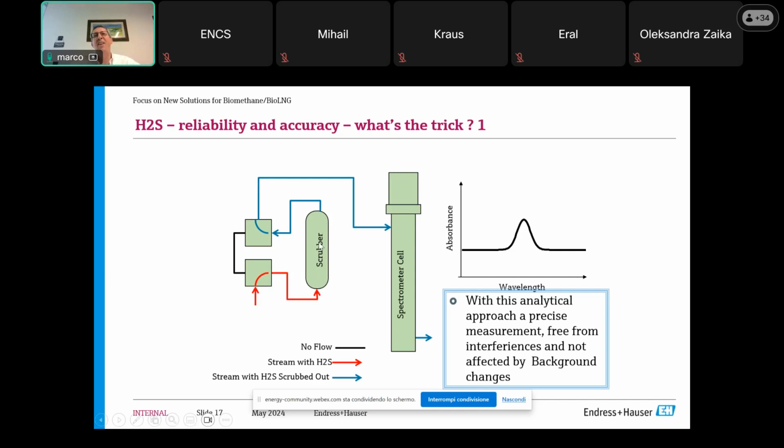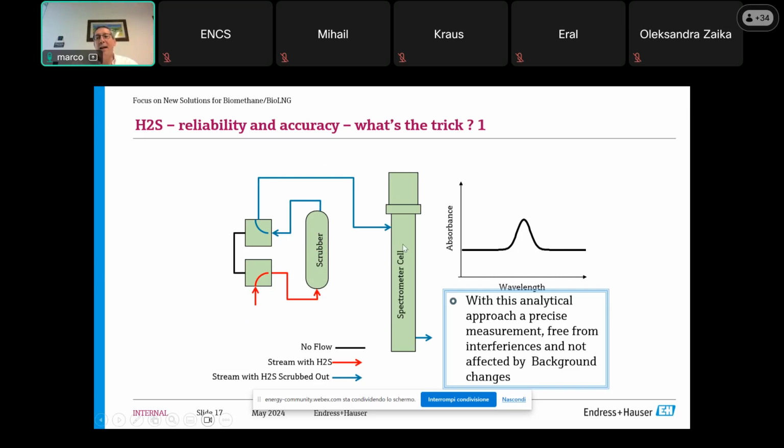The scrubber is, let's say, a filter selective on H2S or moisture, according to the application. Let's say H2S, which is the most common. So the gas passes through the scrubber and goes to the measuring cell.